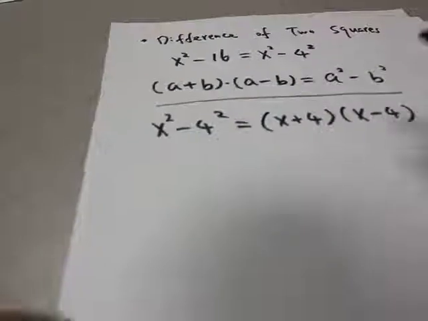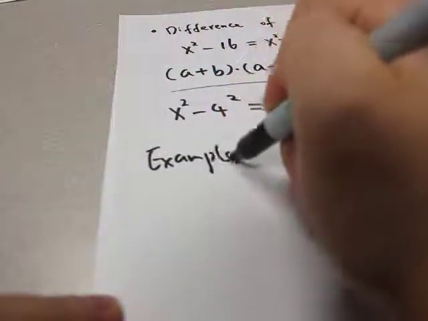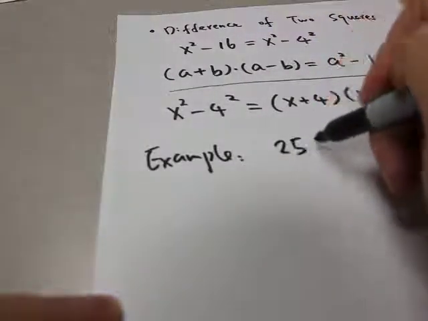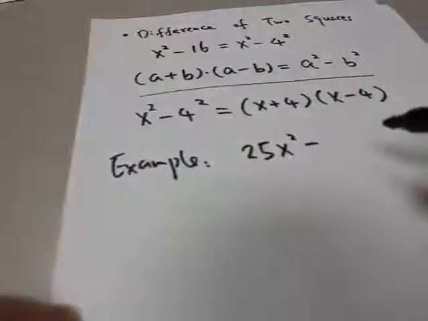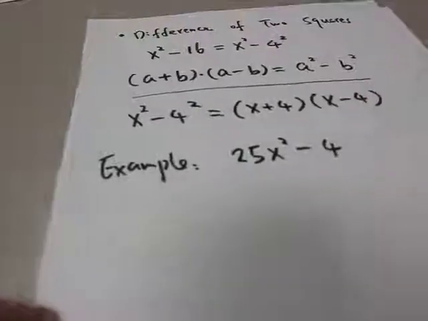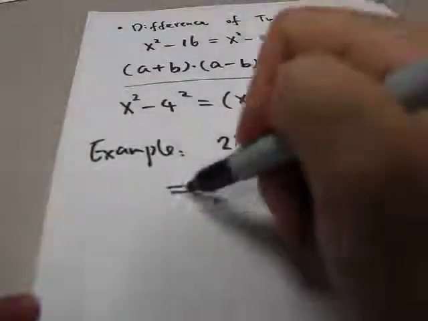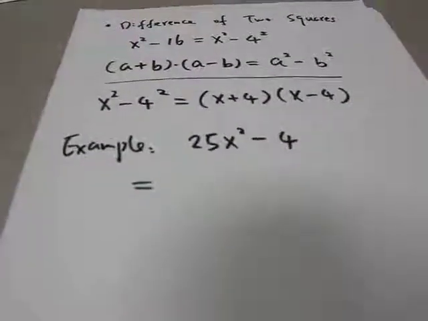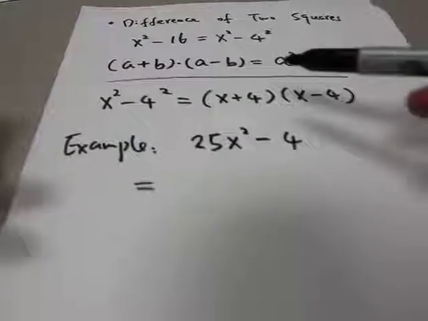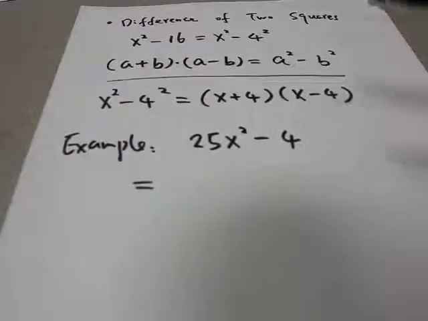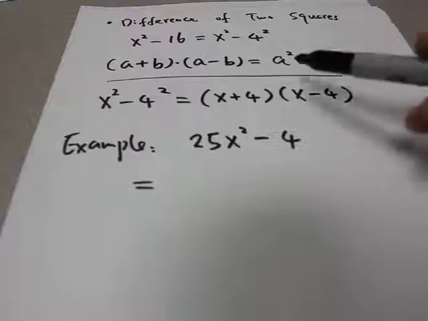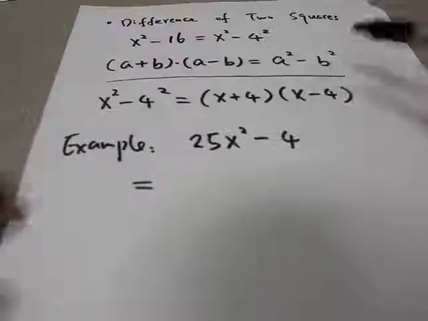Okay. Now let me do another example. We have 25x squared minus 4. When you use this formula, the most difficult part is to identify what is a and what is b.